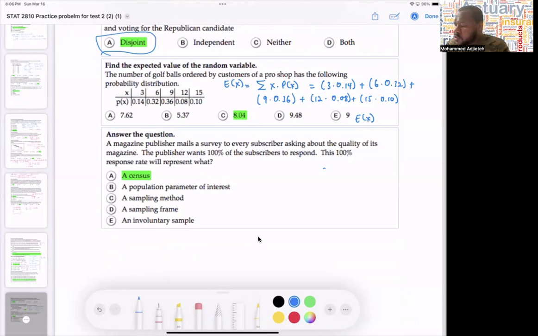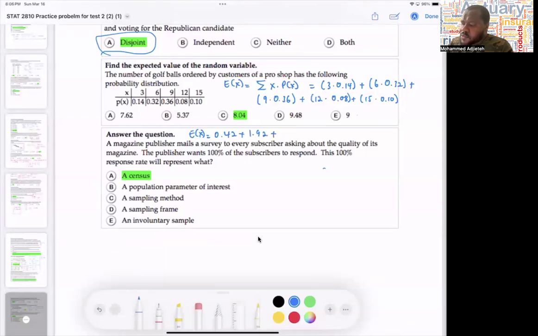And so when you do that, for example, let me continue here. E of X equals, when you do 3 times 0.14, you get 0.42. 6 times 0.32, you get 1.92.